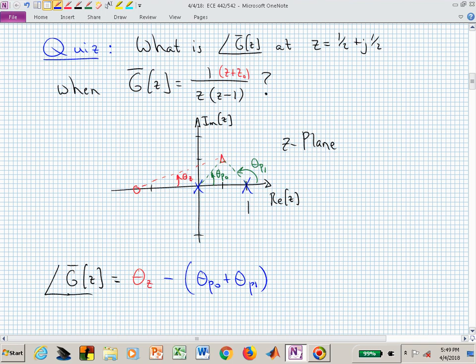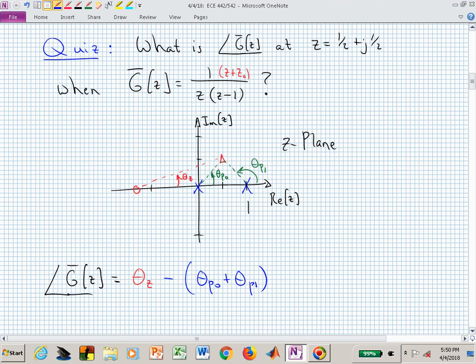And now we need to determine what those angles are. And if you've sketched your z-plane with the same dimensions on the real line as the imaginary axis, the angles will actually be correct. So you can visually inspect, or intuitively have an idea, what angle you should be expecting if you calculated the angle.